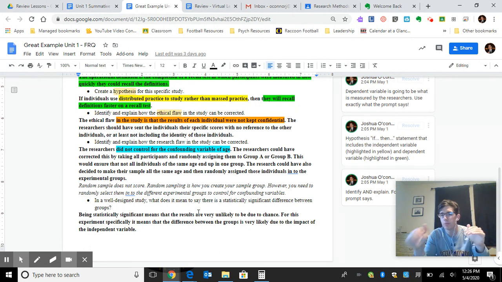So the point where a lot of people lost points was you just didn't apply it to the context of the experiment. So to do that, you would say something like, for this experiment specifically, it means that the difference between the groups is very likely due to the impact of the independent variable. Not very specific, but you could say very likely due to the impact of the different study methods.